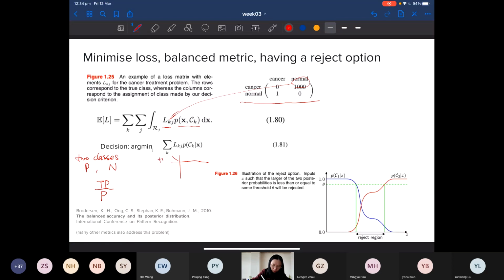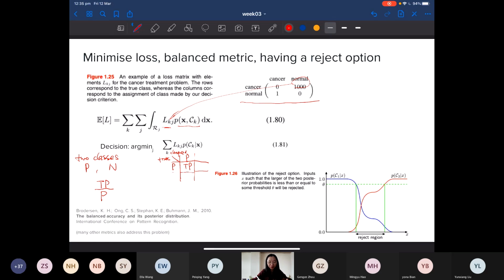This is truth, this is your ML classifier. When the true class is positive and the classifier also thinks it's positive, it's considered a true positive, right? What I'm drawing here is commonly called a confusion matrix in machine learning practice.